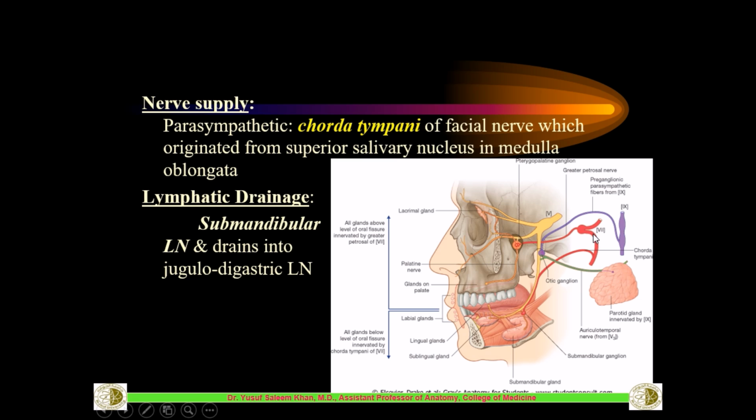This is the facial nerve here, and this is the chorda tympani nerve, which comes below and runs down, and this is the submandibular ganglion, and through this ganglion will be the supply to this submandibular gland. This submandibular group of lymph nodes will be draining this gland, and finally drain into the jugular-digastric lymph nodes.